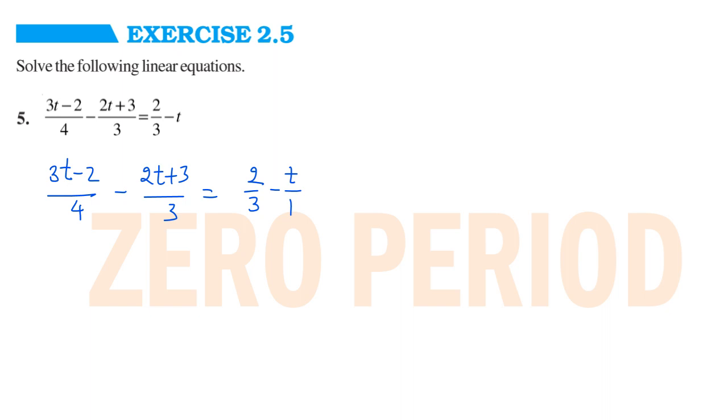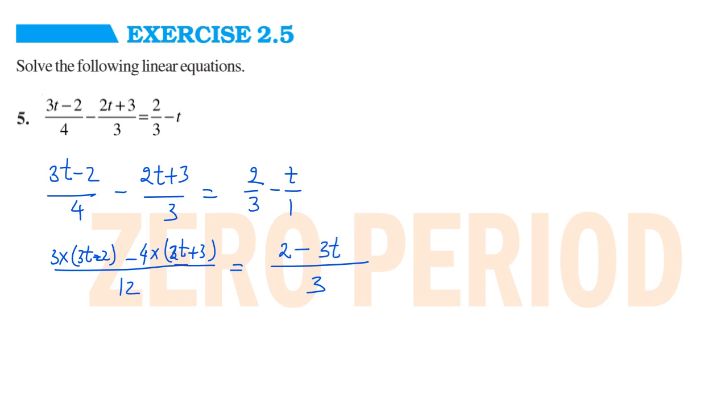And then take the LCM of 4 and 3, you get 12. 4 threes are 12, so 3 multiplied to this term, 3t minus 2, and 3 multiplied to 3 divided into 12 is 4 times, 4 multiplied to the numerator, 2t plus 3. Similarly here 3 is the LCM and 2 remains there, and this will be 3t.